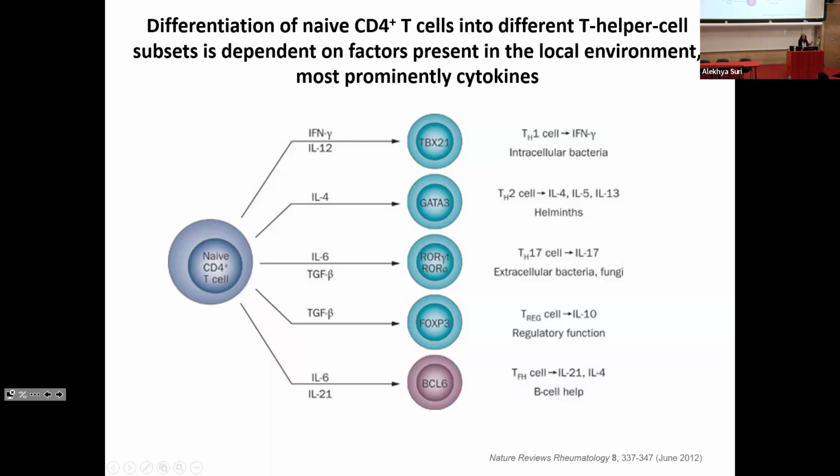These are all helper cells, and a T regulatory cell. So now with all these different types of T cells, the effector function is different. They make different cytokines. They act in different ways to help the host get rid of a pathogen. But remember, they all recognize the same antigen.